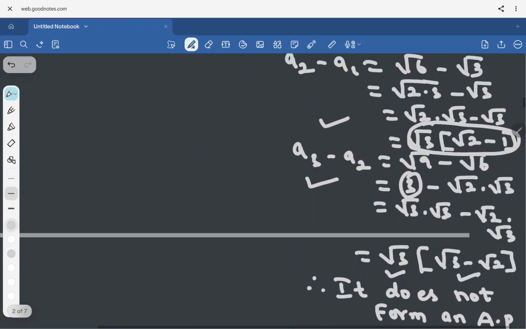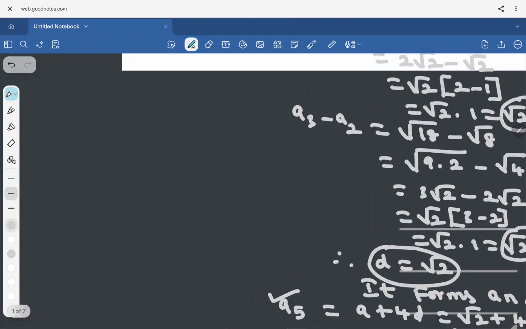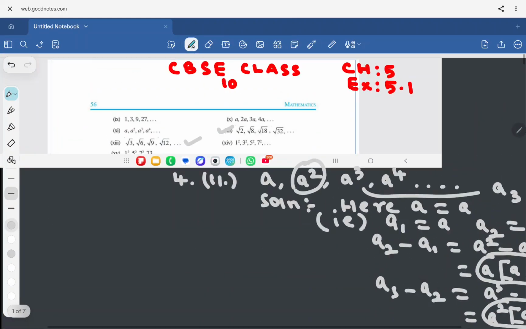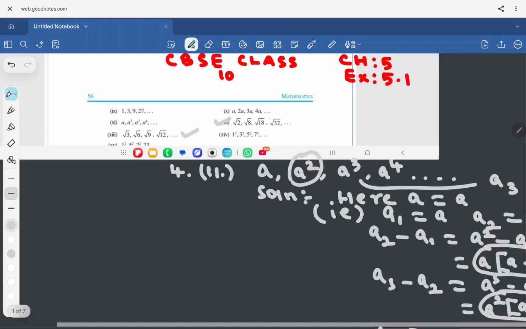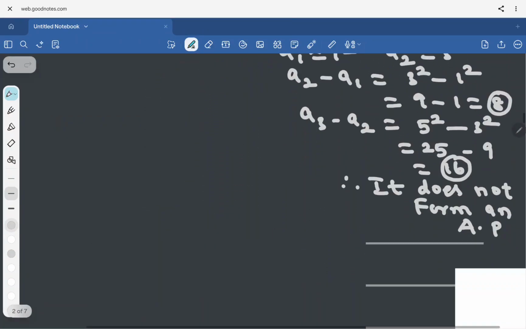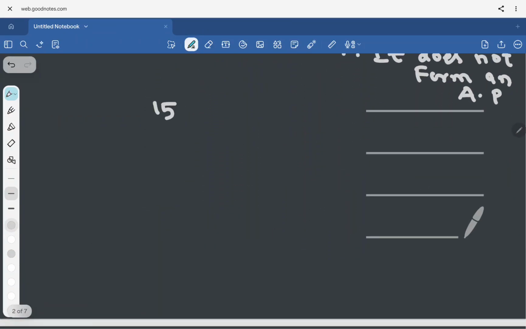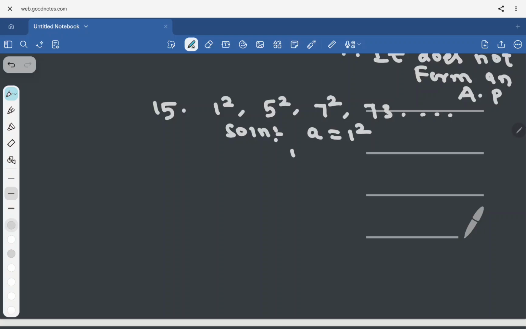Last subdivision, 15th one, problem 4, exercise 5.1, last problem of this video. 1 square, 5 square, 7 square, 73. Solution. Here a1 is 1 square, that is 1, a2 is 5 square, 25.